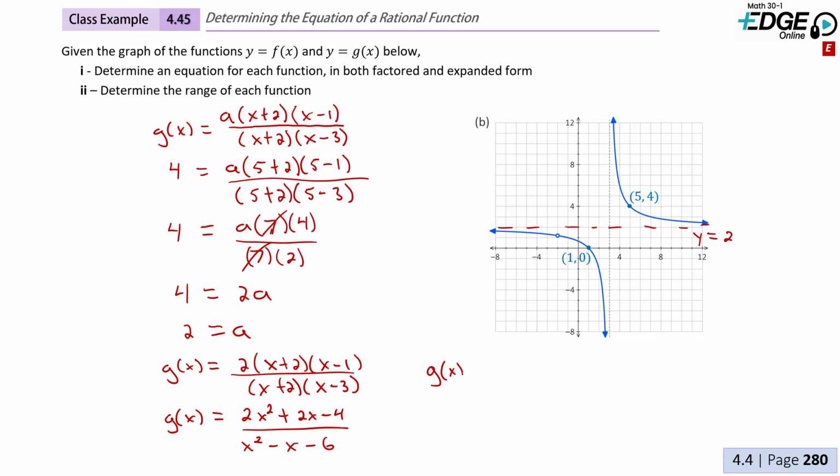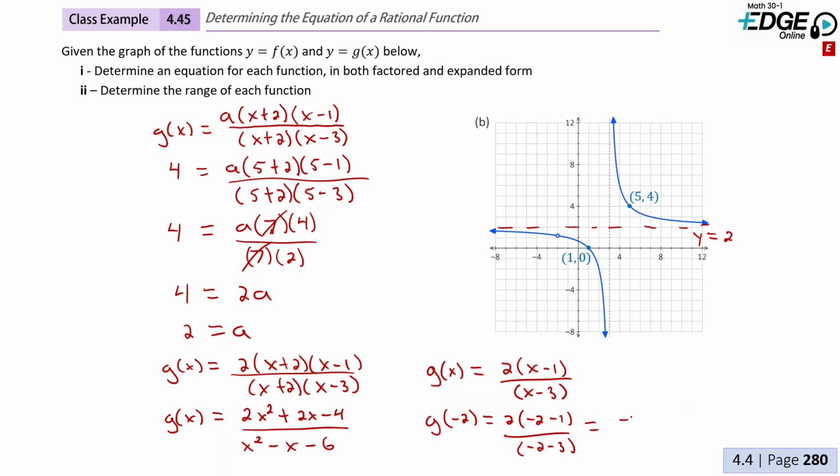So that'd be g of x is equal to, and then we're going to cancel the x plus 2. So we'd be left with 2 times x minus 1 over x minus 3. And then at this point, we're going to sub in negative 2. So g of negative 2 is equal to 2 times negative 2 minus 1 over negative 2 minus 3.